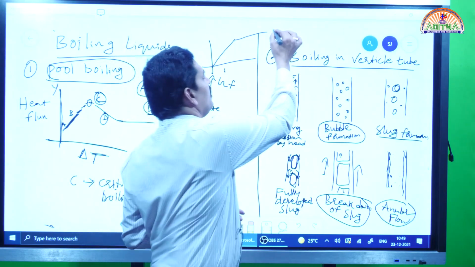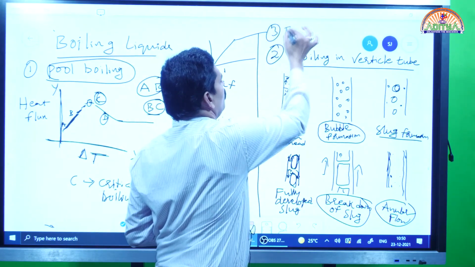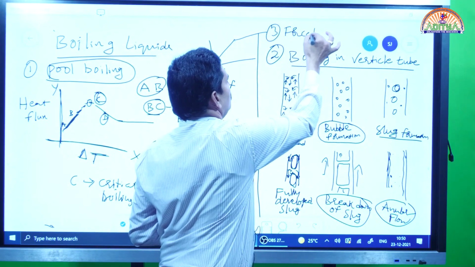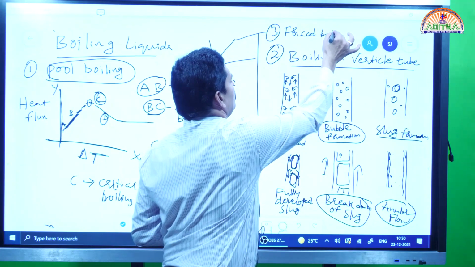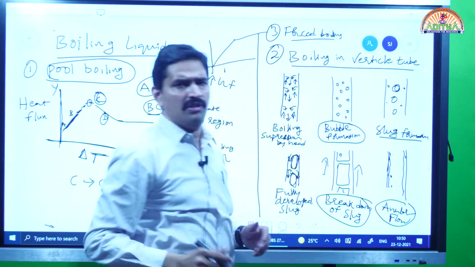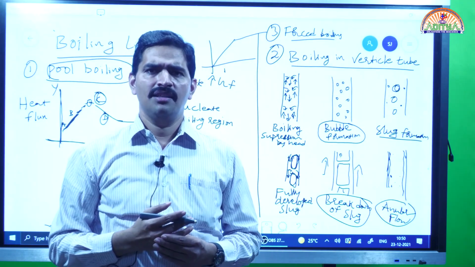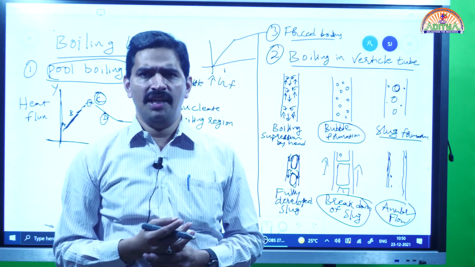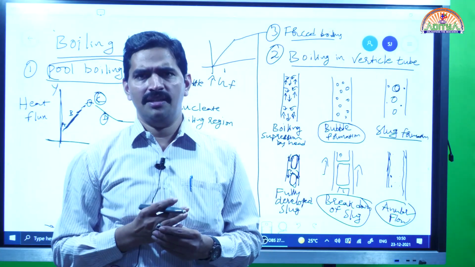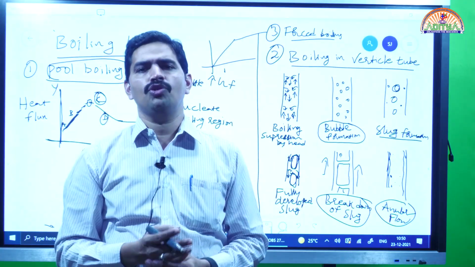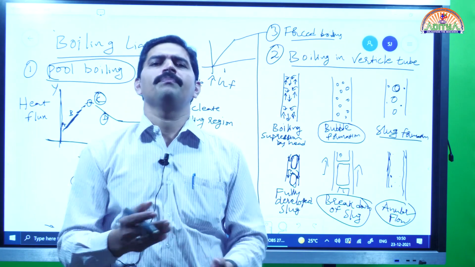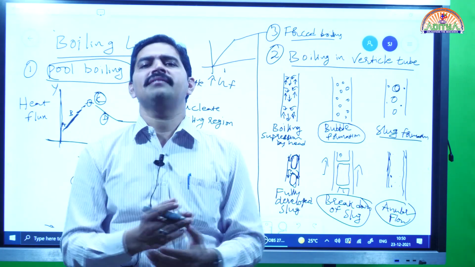Coming to the third one, forced boiling. As we know, by means of agitators, that means mechanical agitators, with the application of heat to a liquid within a boiling tube, we can increase the heat flow.